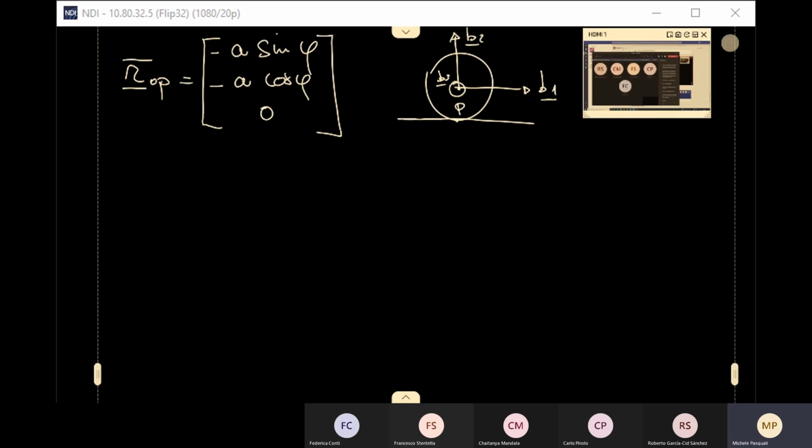So the vector O prime P, in the frame B1, B2, B3, has the component 0, minus A, 0, right? Is it okay? Does it go to the right result? Yes. Okay, so that's our parameterization.